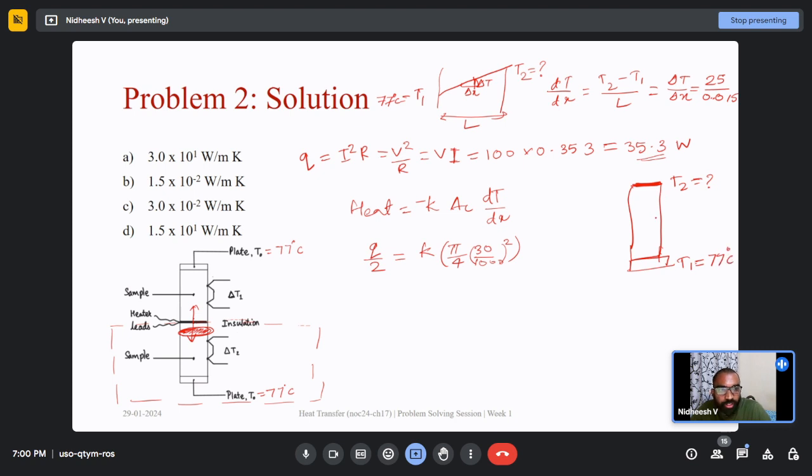We are given a hint that thermocouples are placed at two positions, and the temperature difference is measured. This distance is 15 mm, and the temperature difference over this distance is delta T equal to 25 degrees Celsius. Is it clear what the thermocouples are measuring? It is just measuring the temperature difference between two positions in the sample.